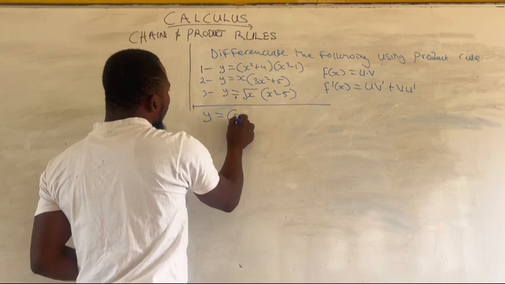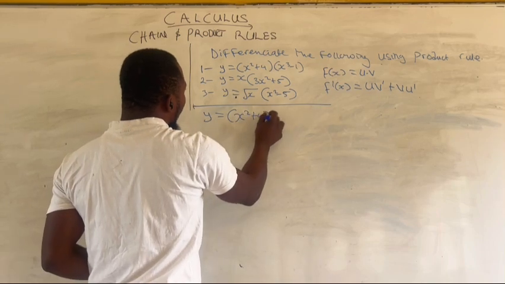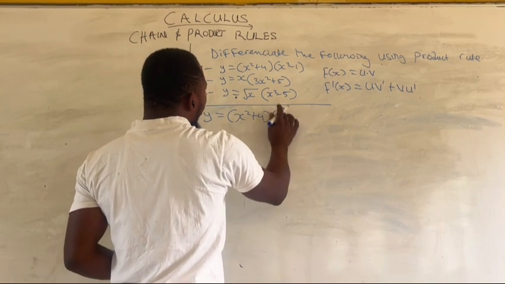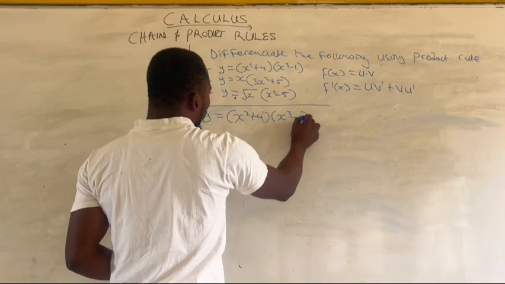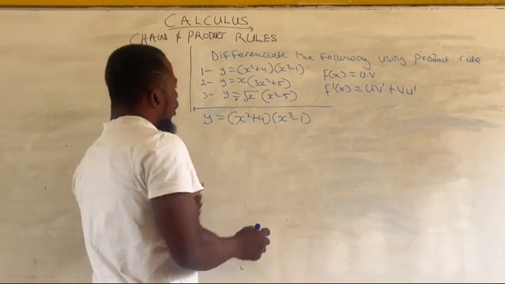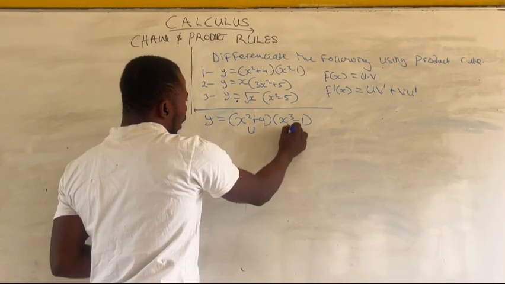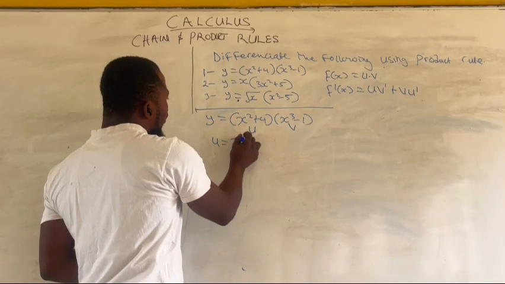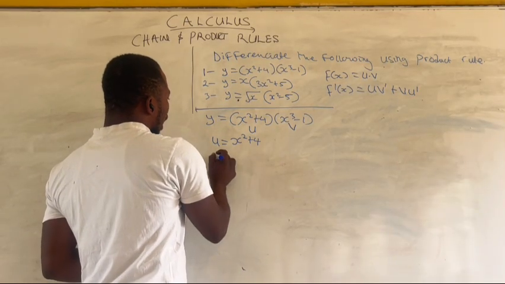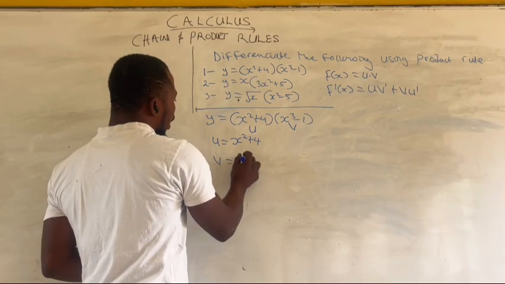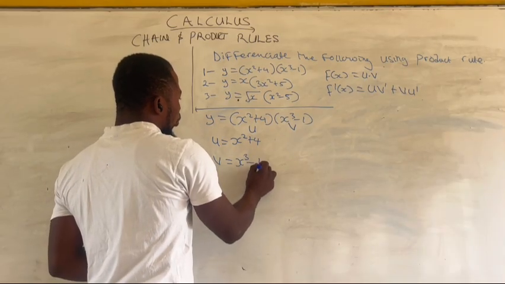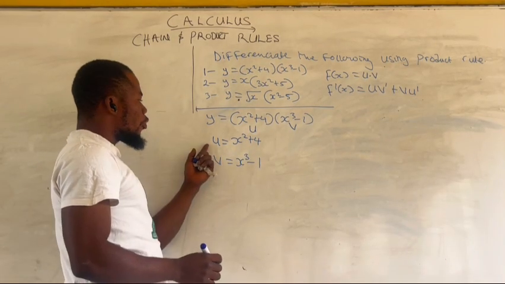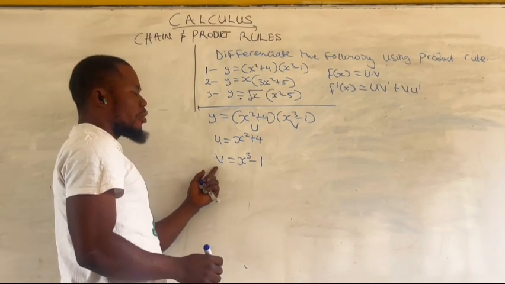y equals x squared plus 4 multiplied by x cubed minus 1. From here, this is our u and this is our v. So our u is x squared plus 4 and our v is x raised to the power of 3 minus 1. Now we look for u prime and v prime.